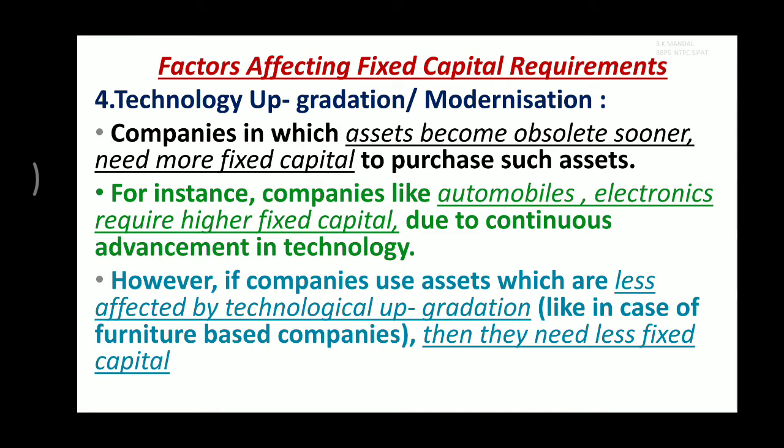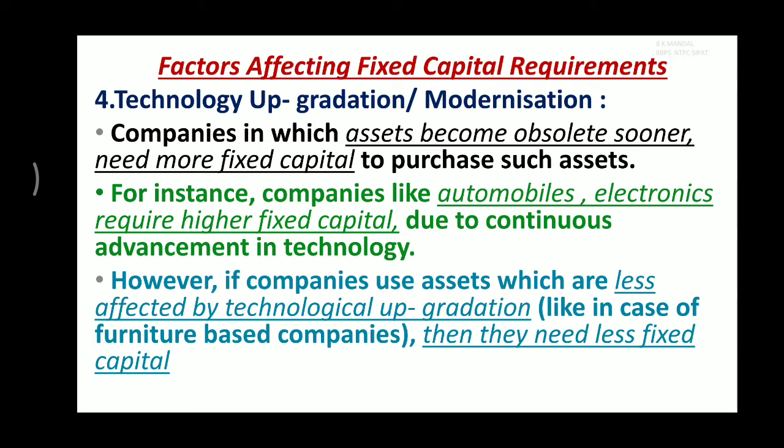Then technology upgradation or modernization. Companies in which assets become obsolete sooner, meaning a few companies which are supposed to upgrade or modernize their assets very soon, like automobiles and electronics, because a lot of development and research happens there, and depending upon the demand of the market, they have to make instant changes in their product.